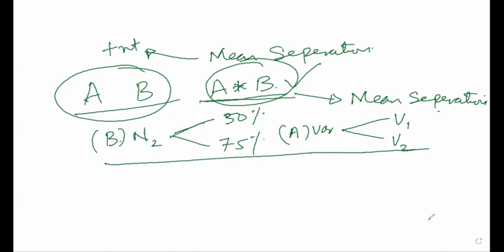I will take, say, for V1, if you take variety 1, under the nitrogen, let's say 50% nitrogen and the 75% nitrogen, the paddy yield, let's say this is paddy, it's giving 4.2 metric tons per hectare.